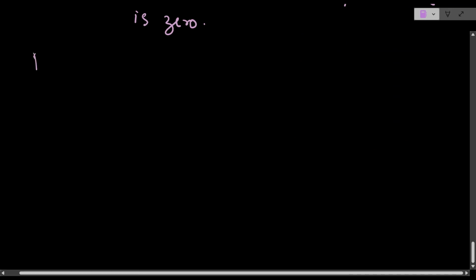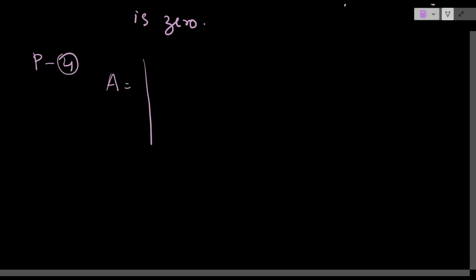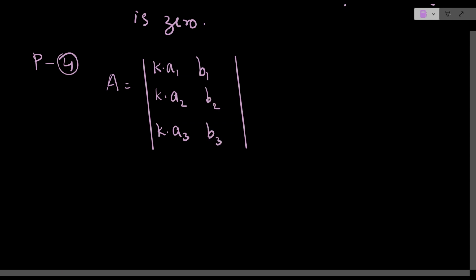Now property 4, students. Suppose I have a determinant and I am multiplying a constant K with A1, A2 and A3. These remain the same: B1, B2, B3 and C1, C2, C3. Now the value of determinant will be multiplied by that constant K. So what is the fourth property?